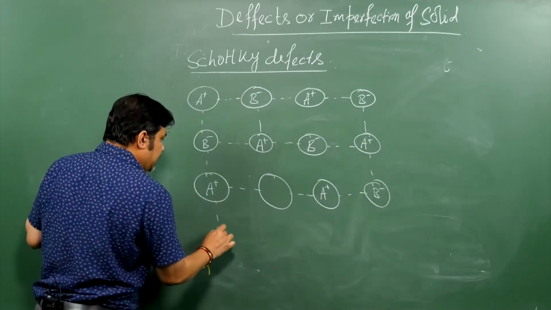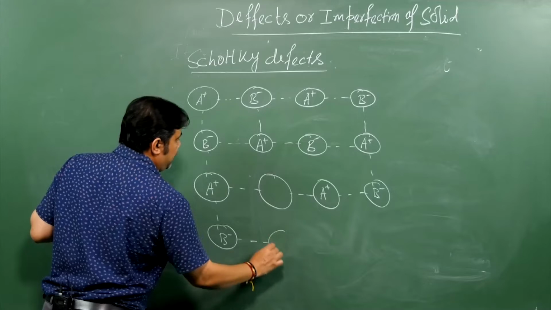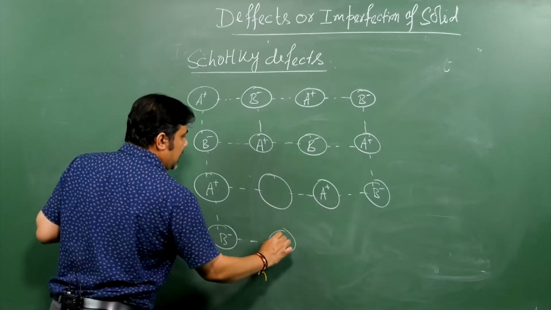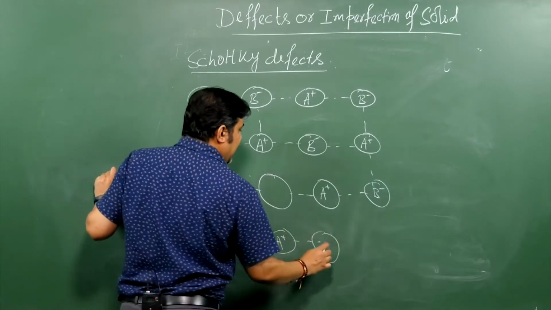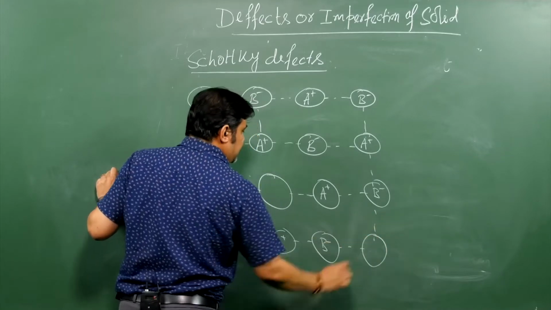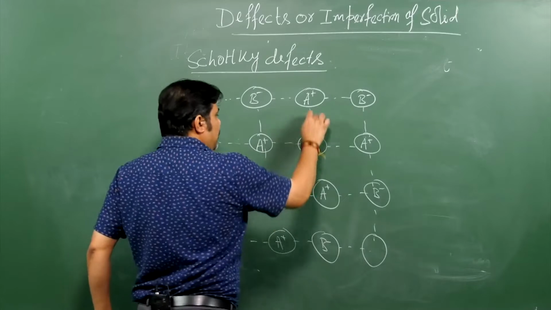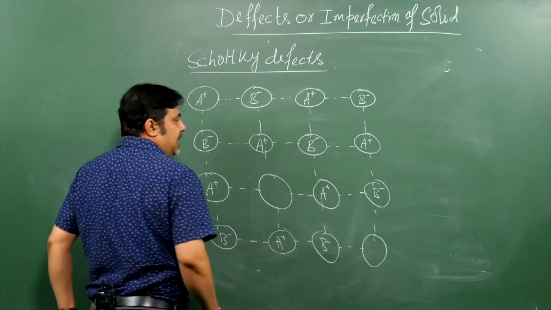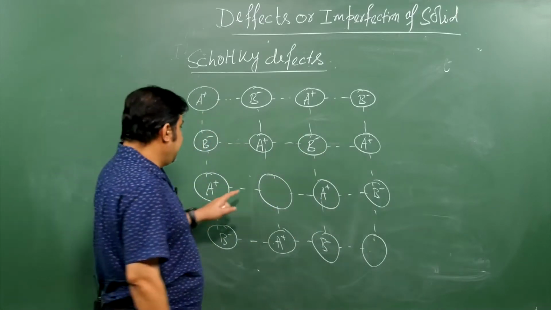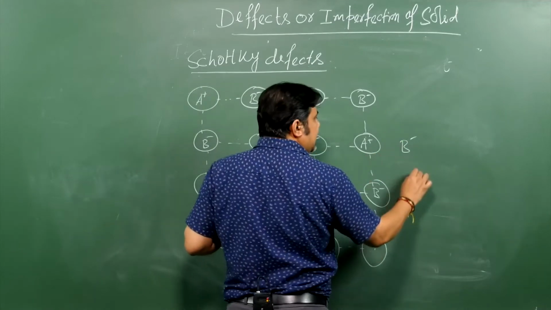The next row is an anion, cation, anion, cation, and this one is missing. If you look at this solid structure, here one anion is missing, and here one cation is missing.